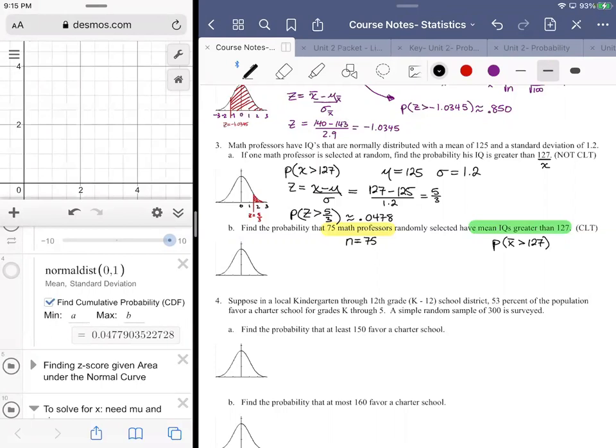So I think my 75 teachers are significantly more intelligent than your 75 or 100 or 1,000 teachers nationwide. This kind of problem would lend itself towards that. If you think that a group deviates significantly from the norm, then this would lead towards that conclusion.